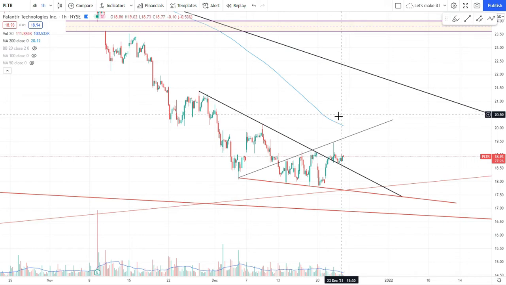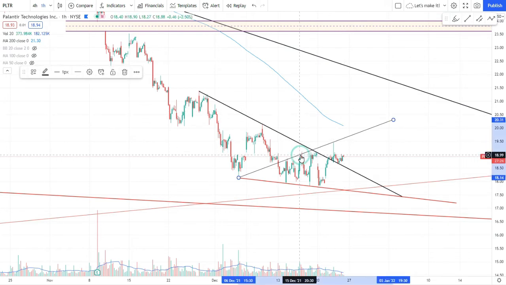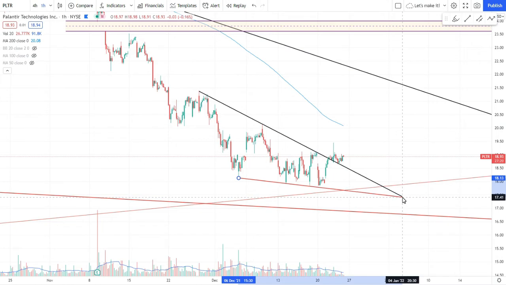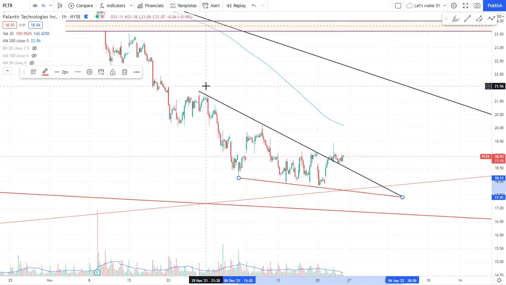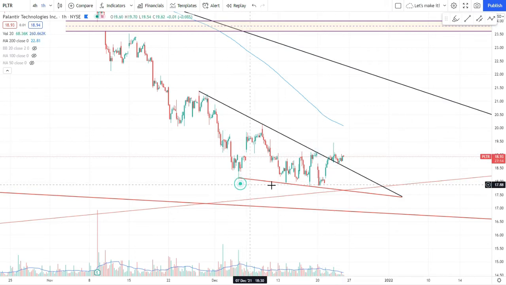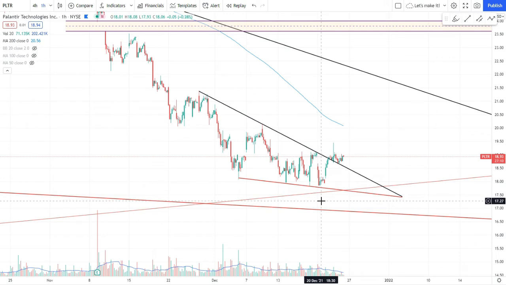We have also another technical pattern, so let me remove this. This other technical pattern is actually a falling wedge. We have these highs which are decreasing and these lows which are also decreasing, but with a different angulation.